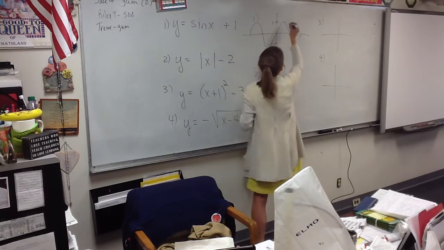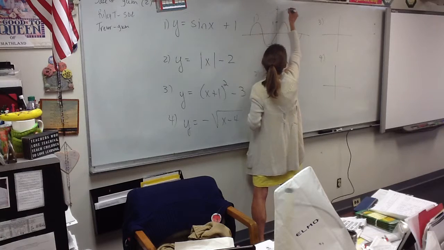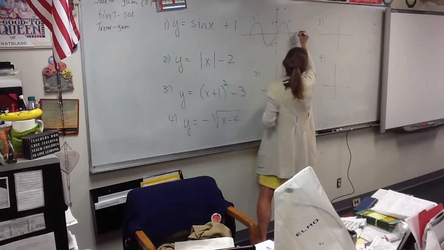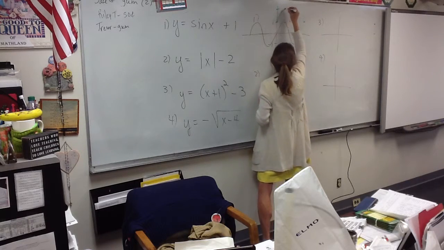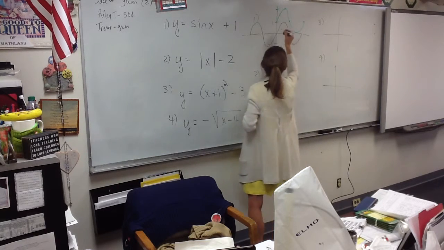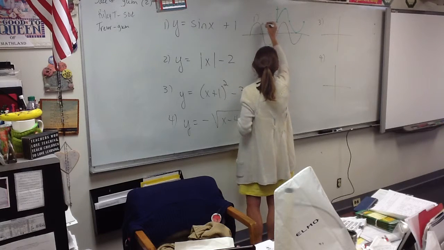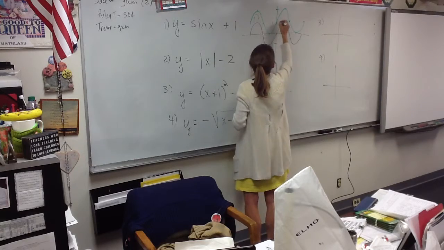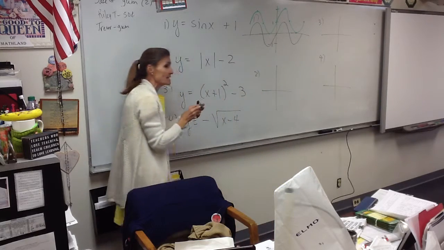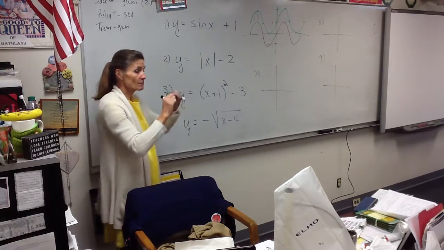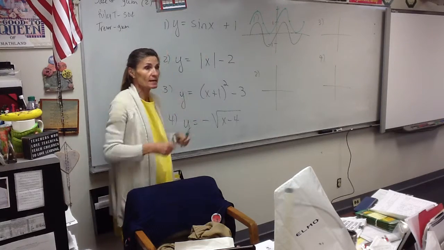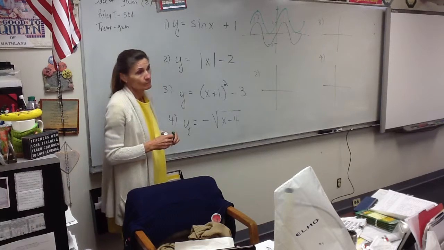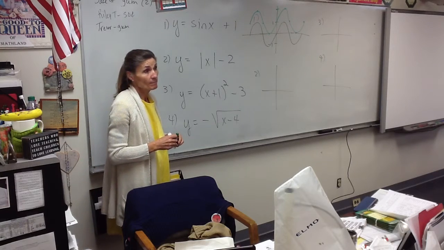And this, which was at 1, is now going to be up at 2. So here we go. Take a look at my green picture and see if that green picture makes sense to you in terms of taking the sine function and lifting it up 1 unit. Everybody okay with that?